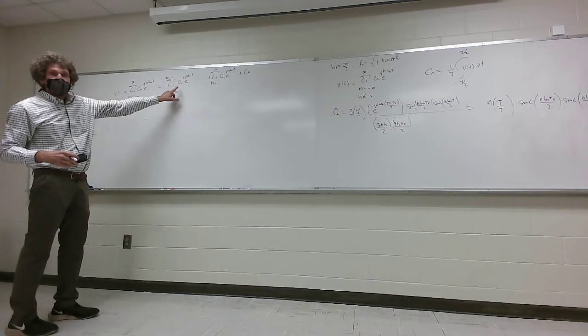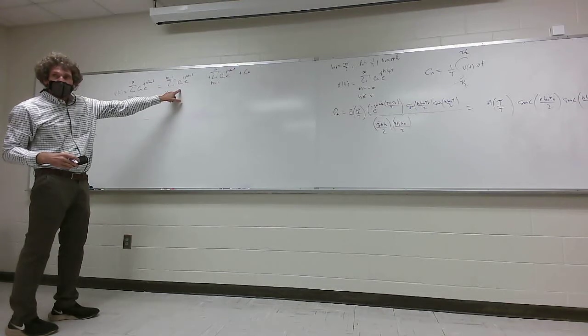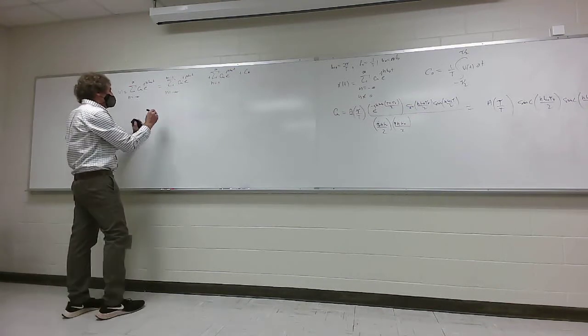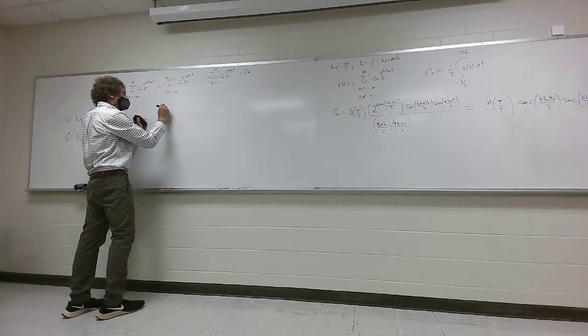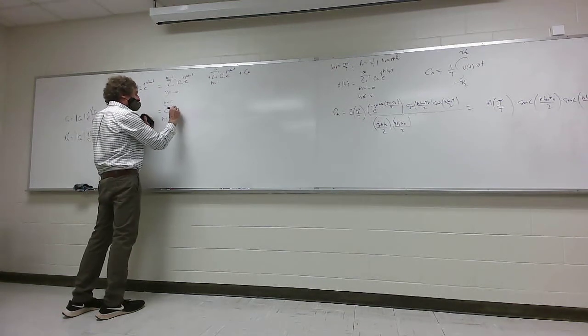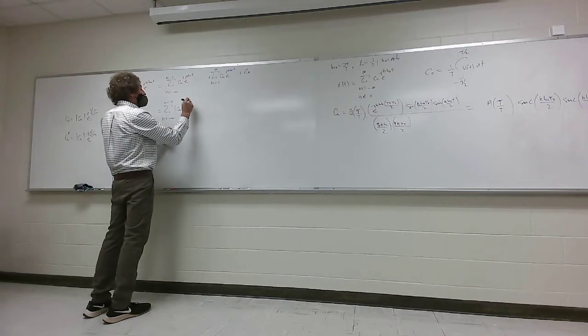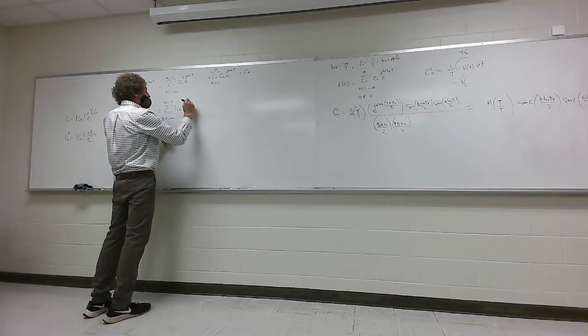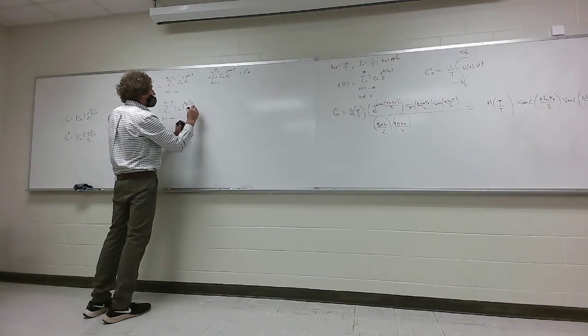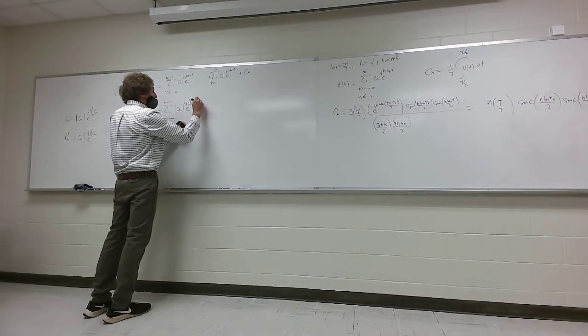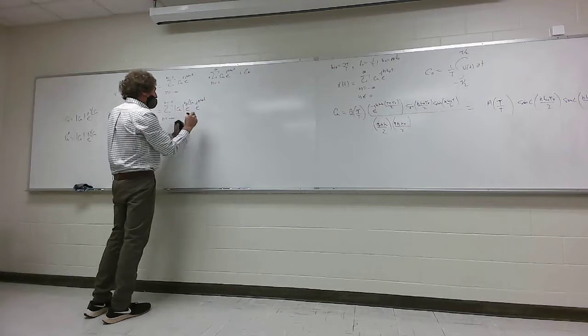So I'm going to write this in terms of magnitude and angle. This looks like the summation from n equals minus infinity to minus 1 of the magnitude of C of n, times e to the plus j angle of C of n, times e to the j n omega naught t.